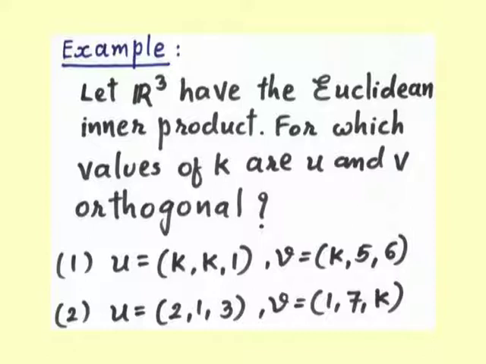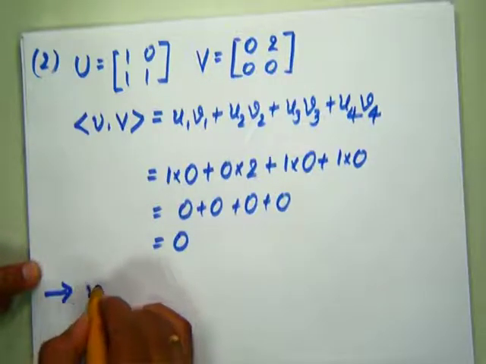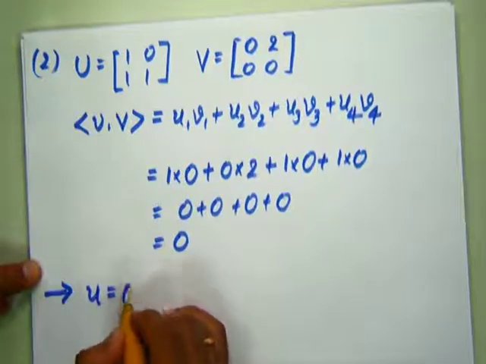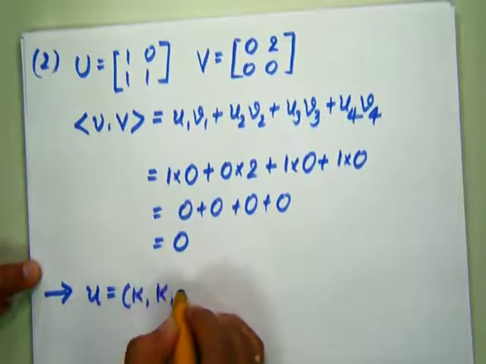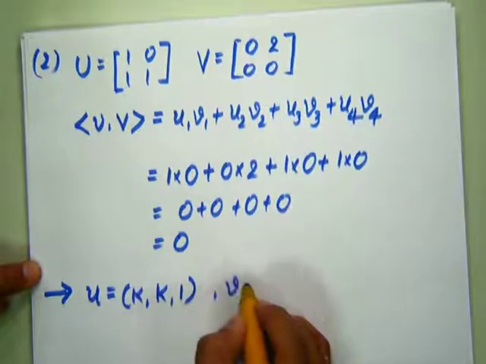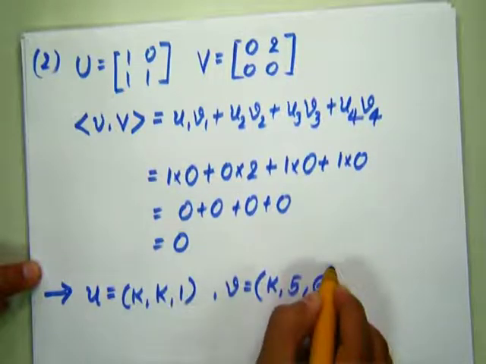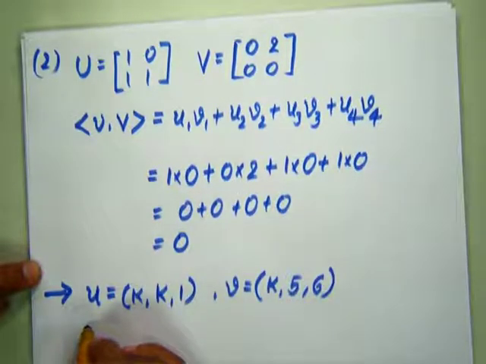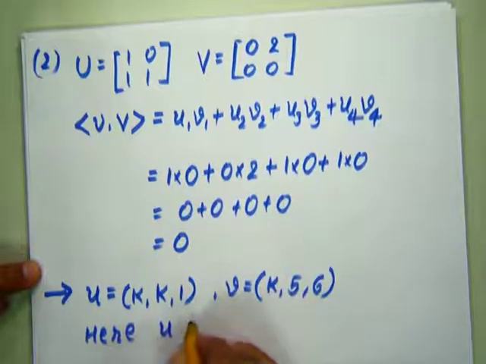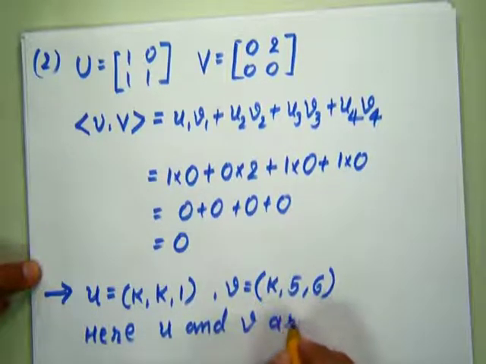For this example, U is given as K 1, and V is given as K 5 6, and here U and V are orthogonal.